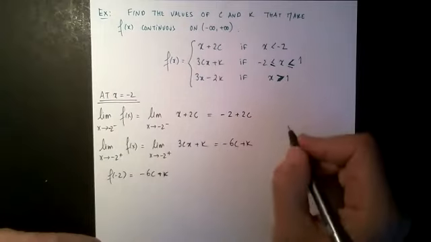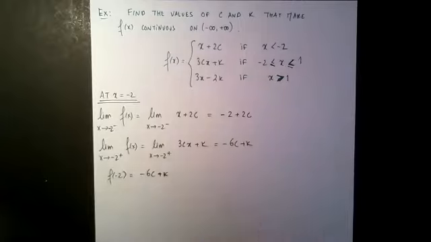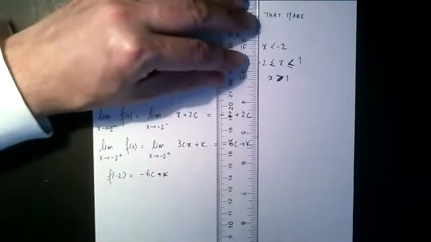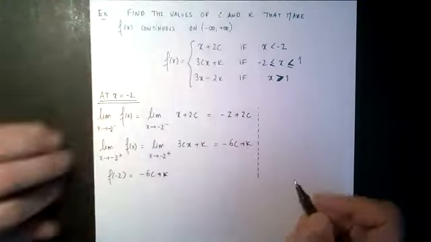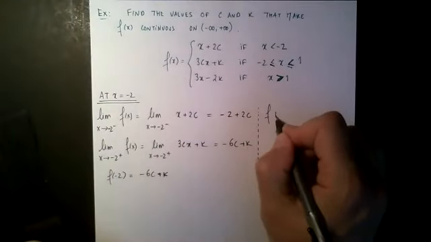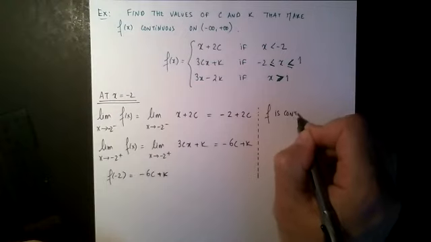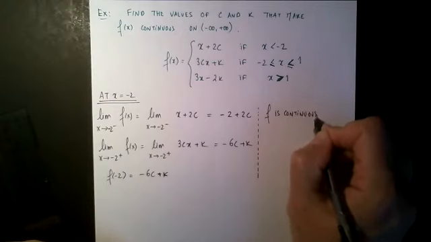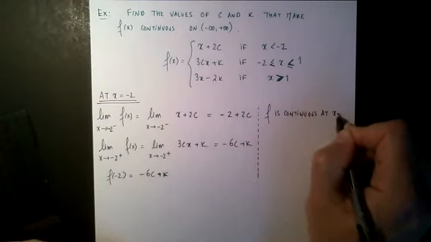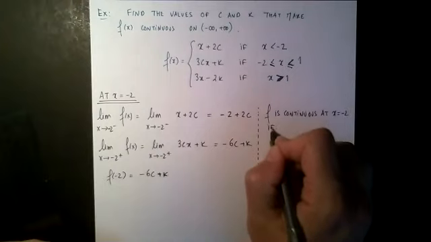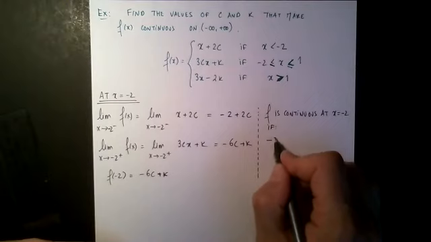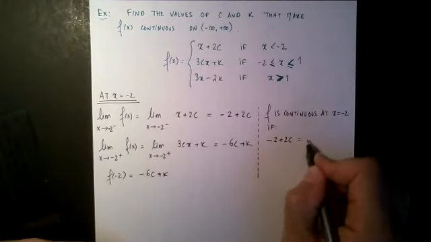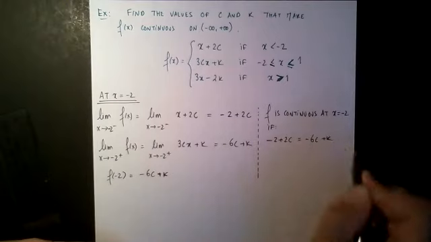So I'm going to write this down. So f is continuous at x equals minus 2 if they're all equal. So basically, if negative 2 plus 2c equals negative 6c plus k.